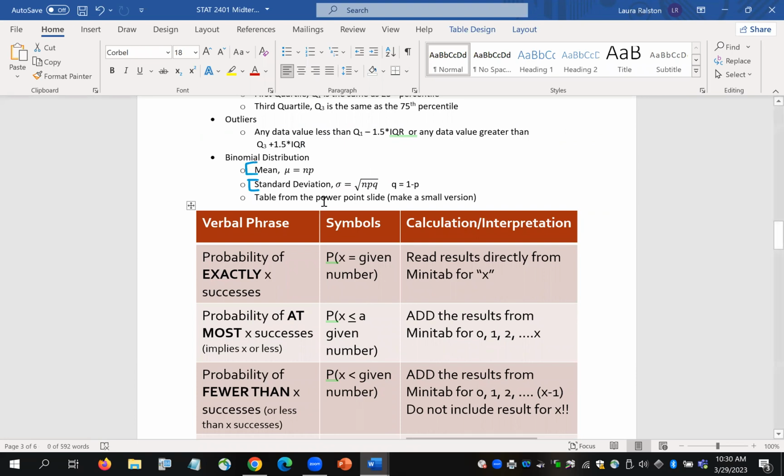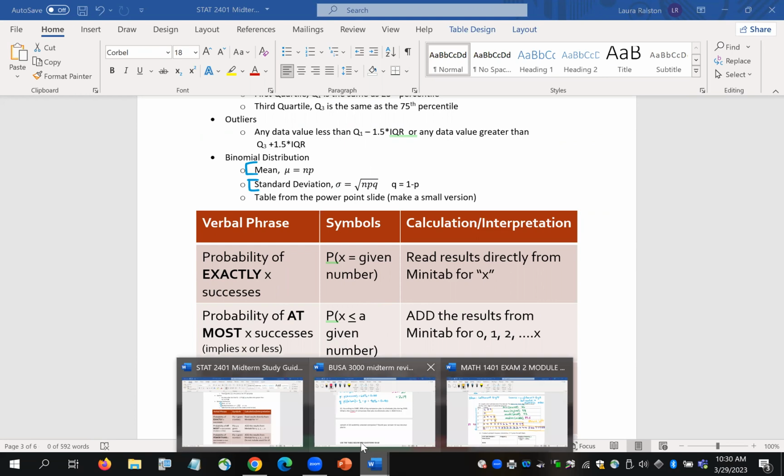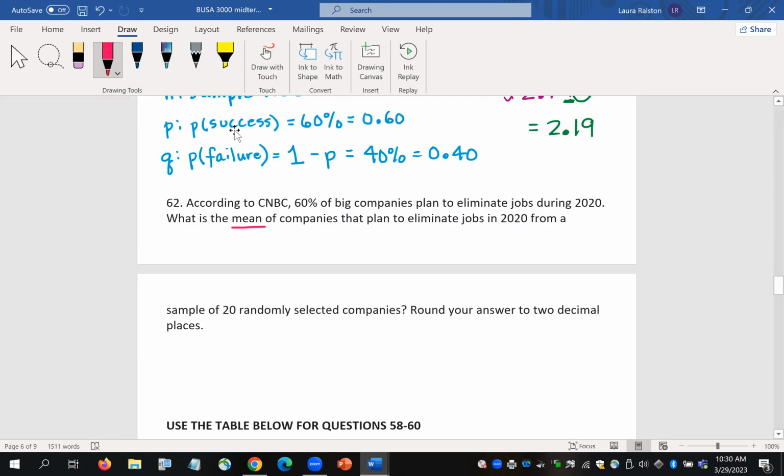The formula for the mean is N times P, where again, N is your sample size, which you already told me was 20, and P is your probability of success, which is the 60%.